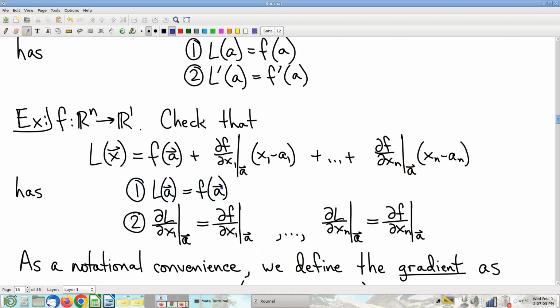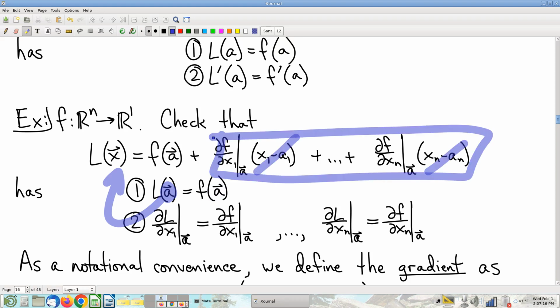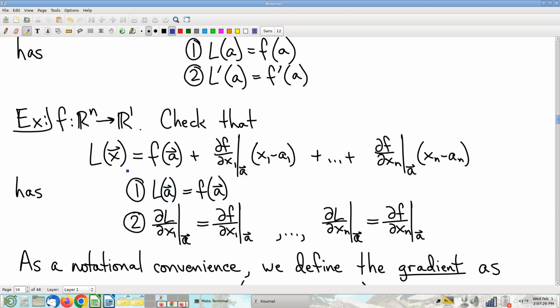Well, at the point A, if you plug in x equals A into this formula, then that's 0 and that's 0, so all of these terms go away, and sure enough, you just get L of A is f of A, as desired. So the plugging in part is pretty straightforward. Now, to talk about these partials, I claim that the partial of L with respect to x1 is equal to the partial of f with respect to x1. This is all, of course, at the point A.